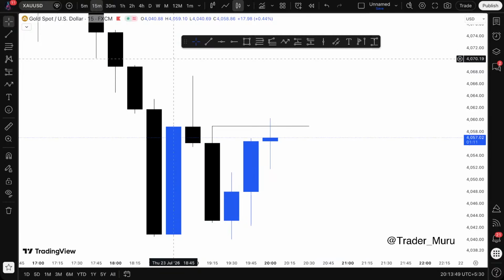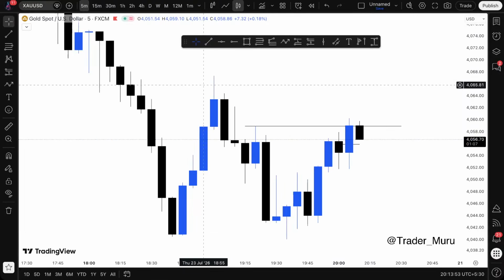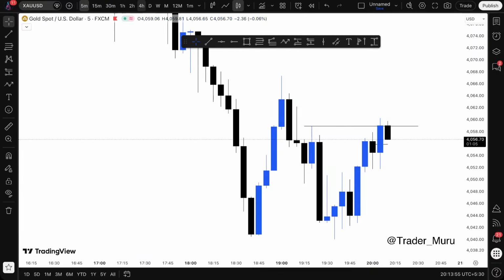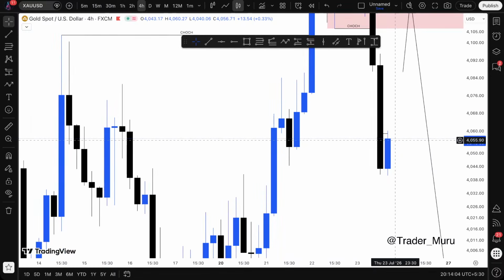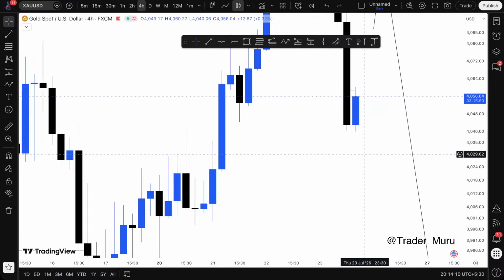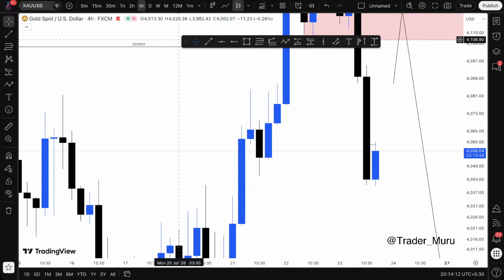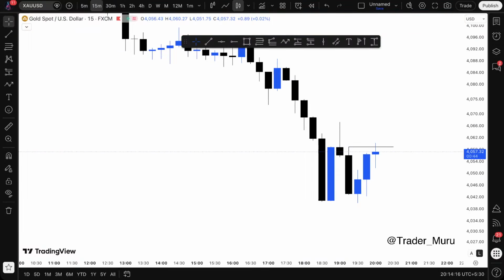Wait for it. And I think we might get a short from this area because we have closed below it. Price will pump a little bit, reject from here, continue. That's why I'm still waiting for a short here.